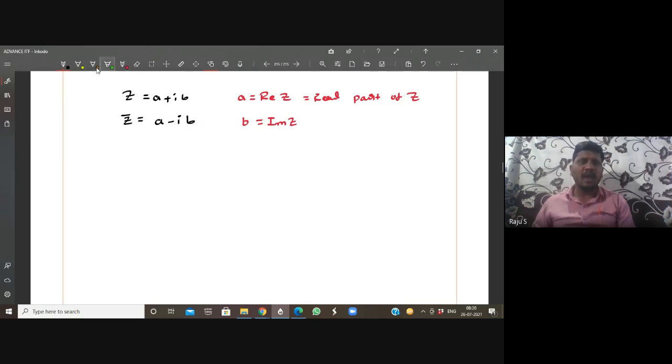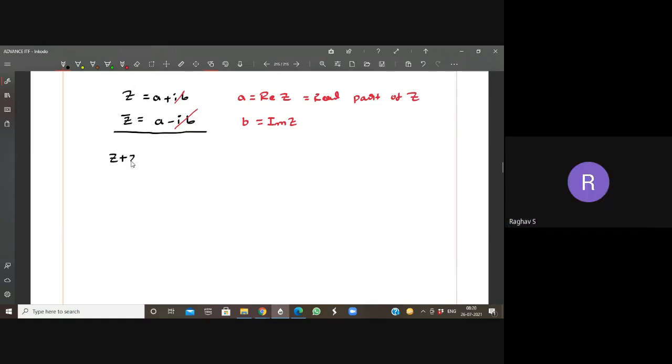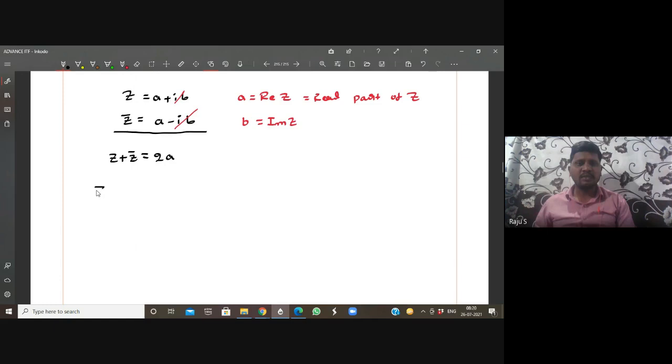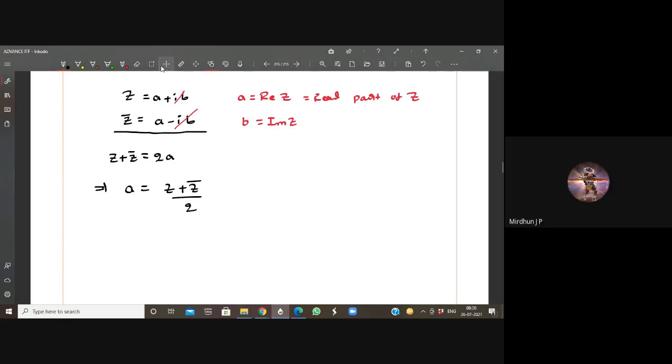So when I add these two values, iota times b gets cancelled. So Z plus Z conjugate equals 2a, which implies a can be written as Z plus Z conjugate, all divided by 2. Is it clear? Arithmetic mean of the both.